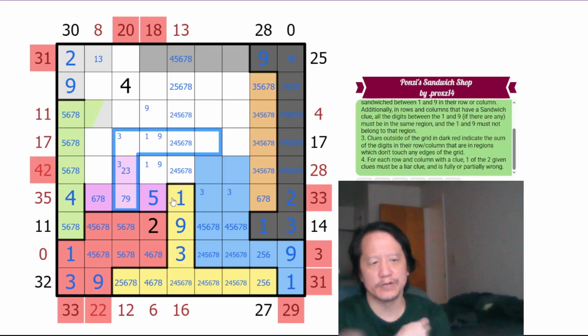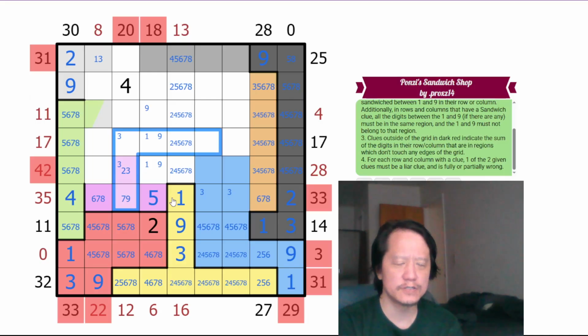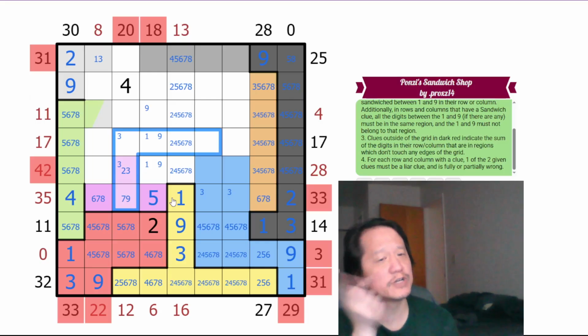Let's see. So we have 26. 16. Wow, 16 could contain orange.